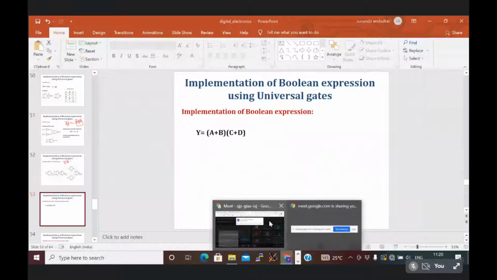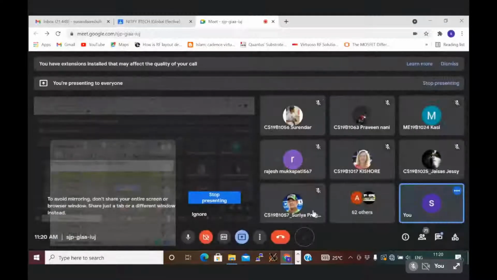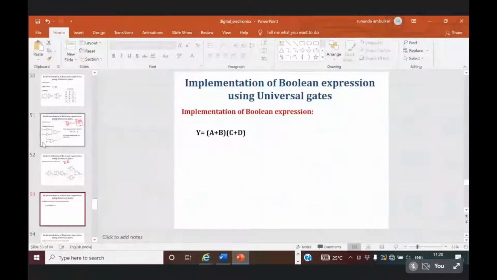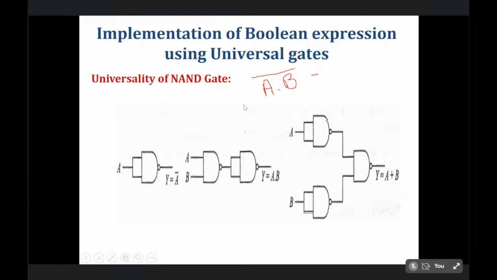So if we replace the other input with the previous input, if we replace this B with the A, it will be A dot A whole bar, which is A bar.